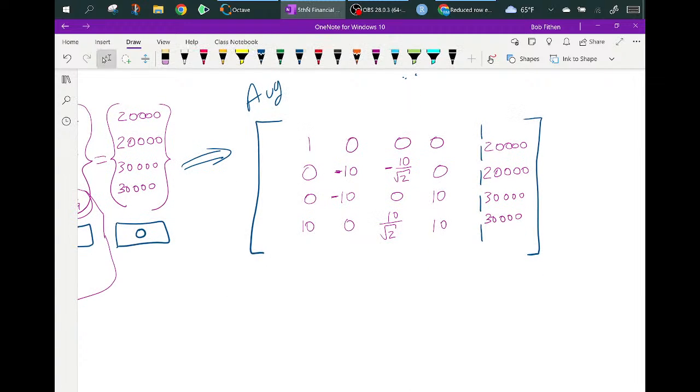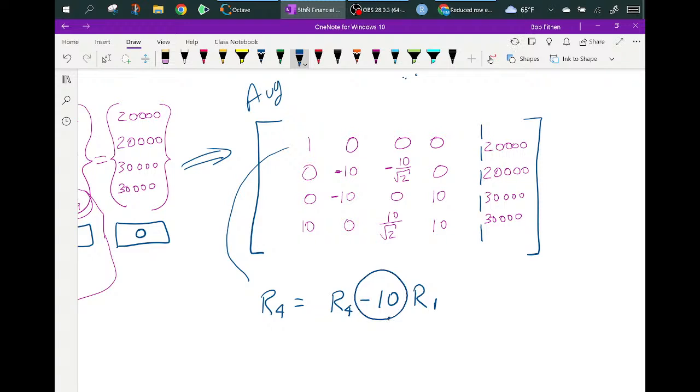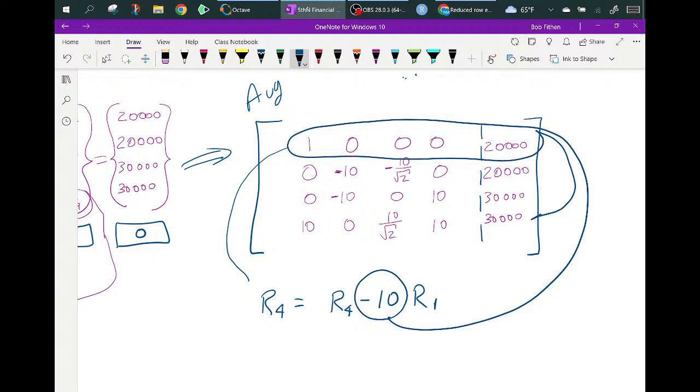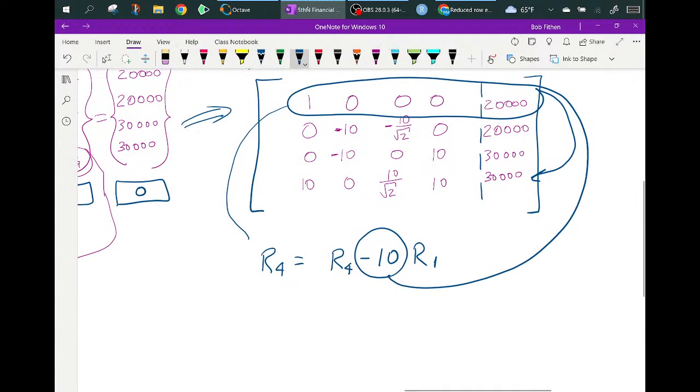Say I take row 1. So row 4 now is going to be row 4 minus 10 times row 1. If I multiply minus 10 times row 1 and then add it to row 4, all these will be exactly the same.